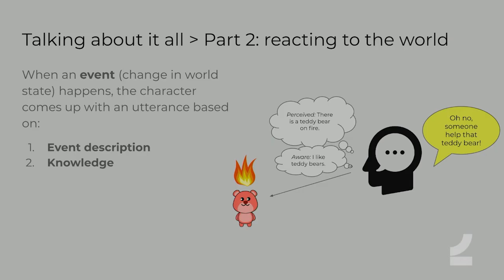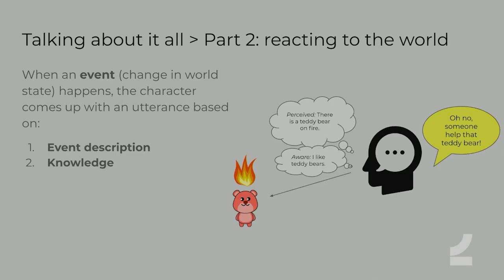So when an event, which we model as a change in world state, which we model as a relation being added to or removed from the character's knowledge graph, the character comes up with an utterance based on the event description and the character's knowledge graph, which again includes everything the character has perceived and everything the character is aware of.